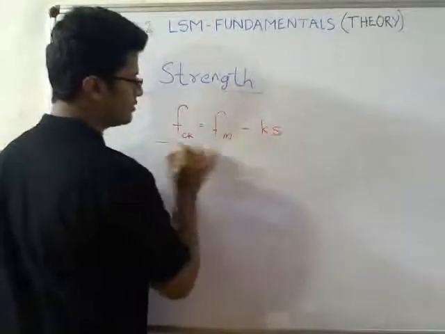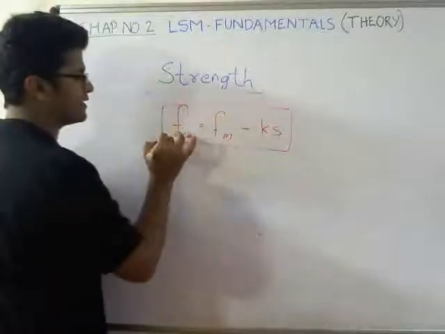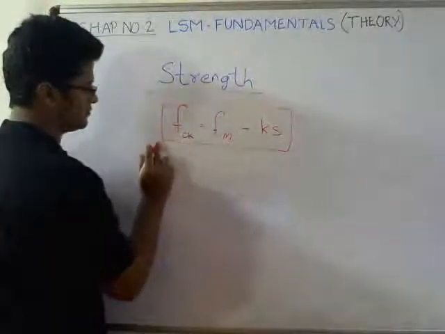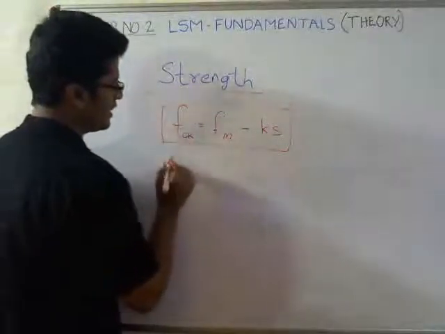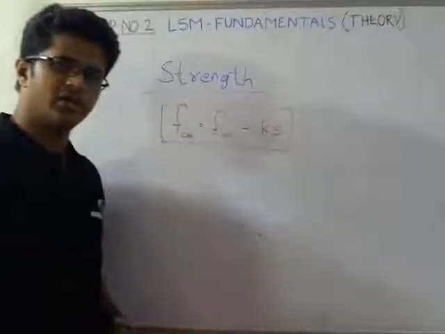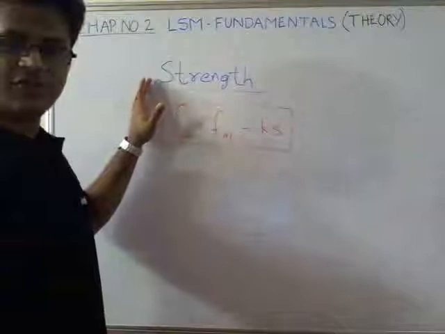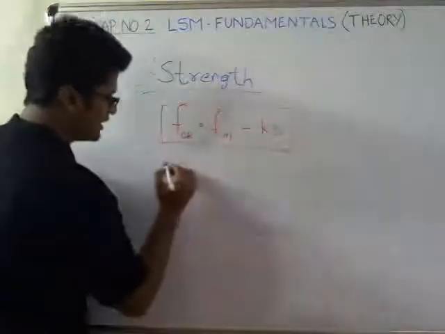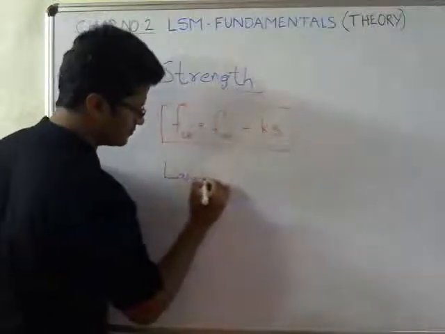And here the formula for calculating characteristic strength is this. It's similar to the upper bound theorem in characteristic load. In strength of the structure, there is the lower bound theorem.